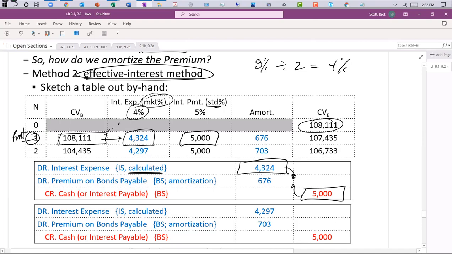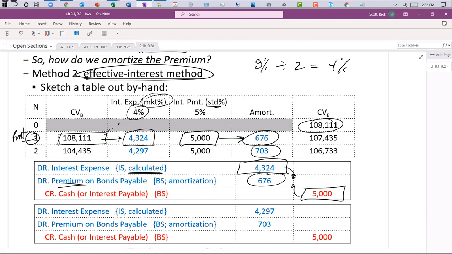Here, you need another debit to balance this off. This must therefore be the amortization of the premium. It's not a fixed amount, though. You can see that it's $676 for the first one, and the second payment is $703. So it's changing over time, but there's a direction that it's moving.